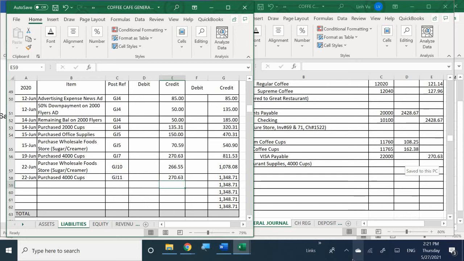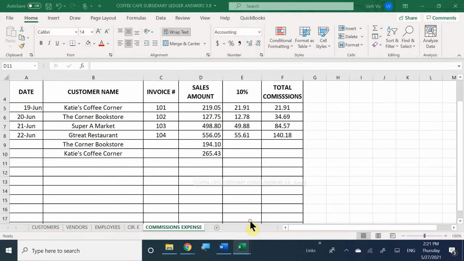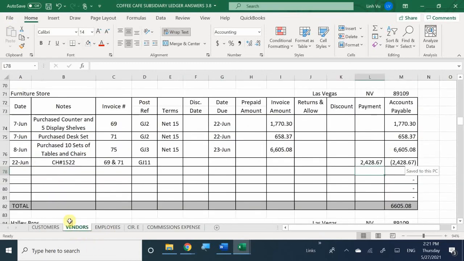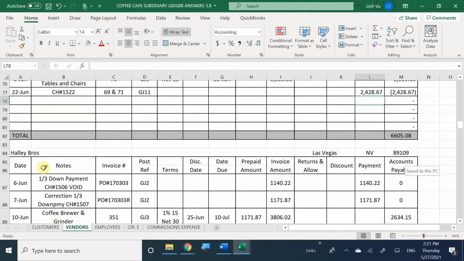And then last but not least, we go to subsidiary ledger. It'll be under vendors, restaurant supplies.